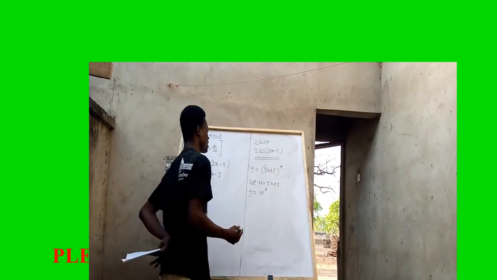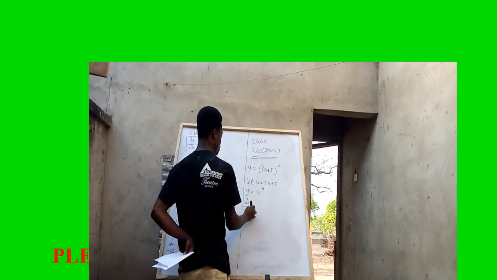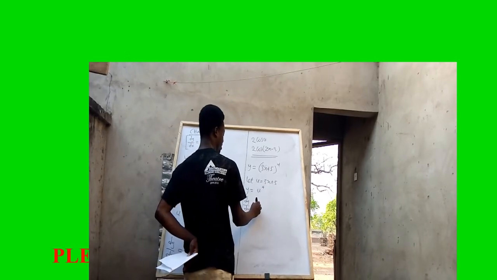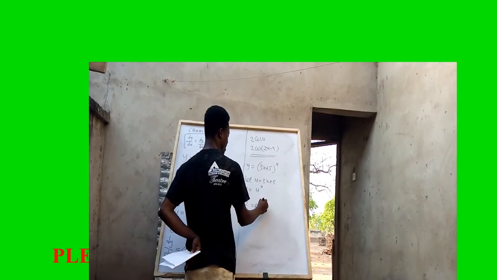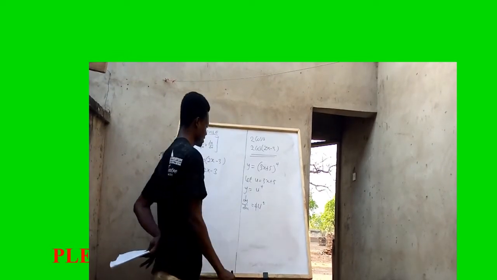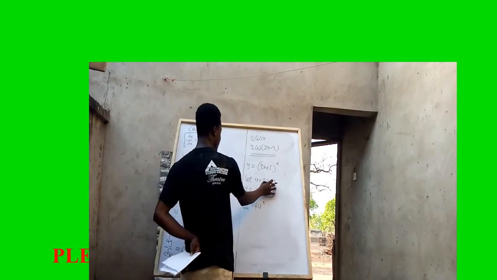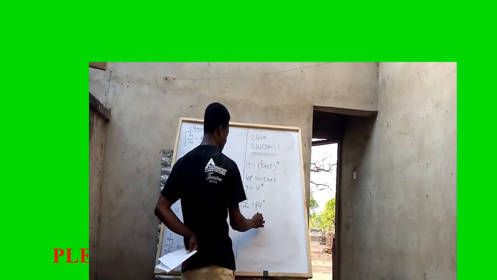So what should I do here? I have my dy over du, and we know how to differentiate: the 4 comes down and multiplies u, so 4u, and then we subtract 1 from the exponent, and I have 3. Simple.